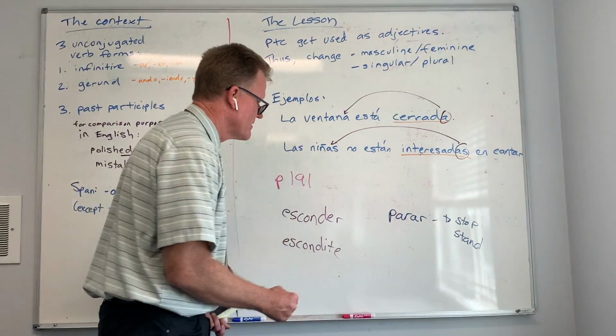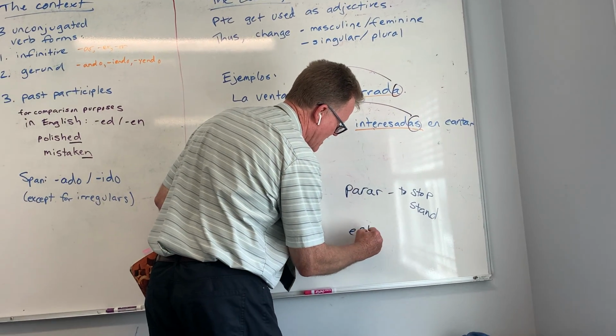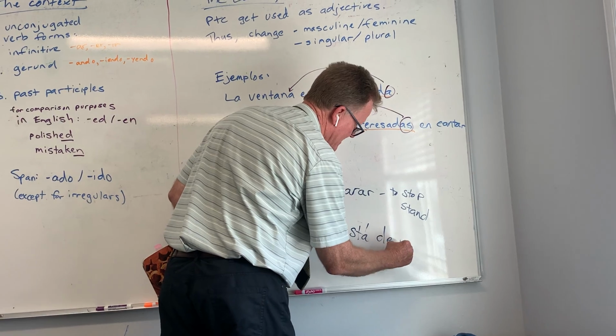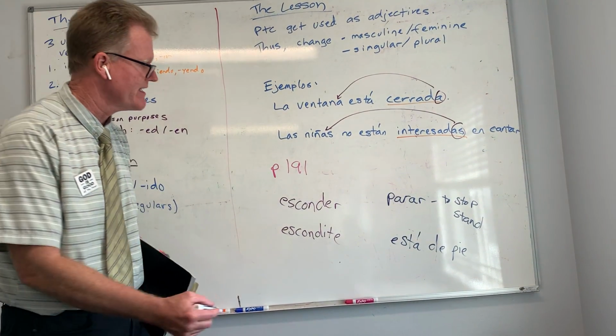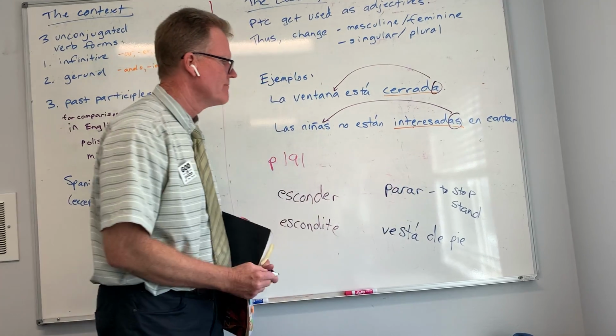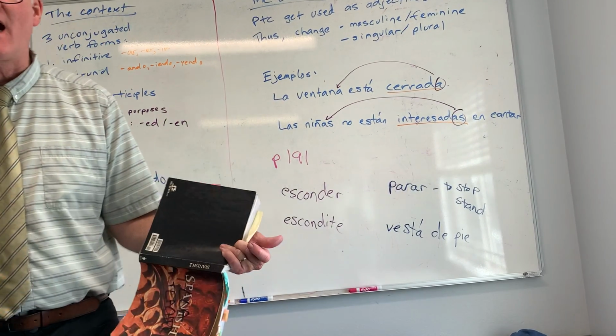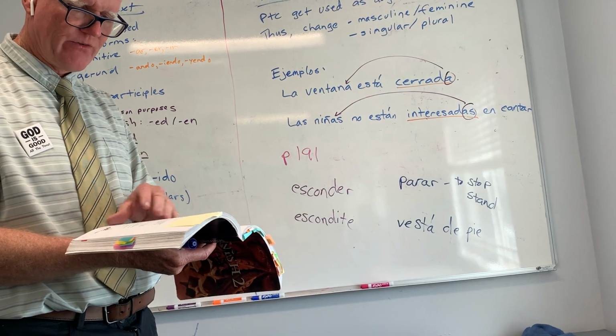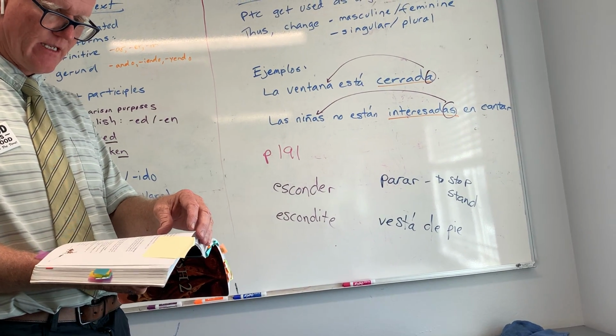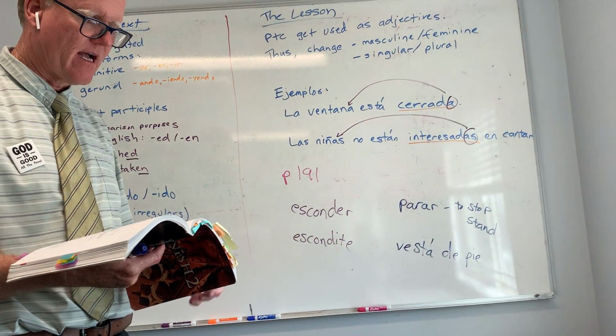At least in Guatemala, they would usually say, está de pie. That means he's on his feet. That's how they usually say he's standing. But parado, because it can mean stopped or standing, they avoid it because of that confusion. So in any case, you have the sentence, el pastor está parado.